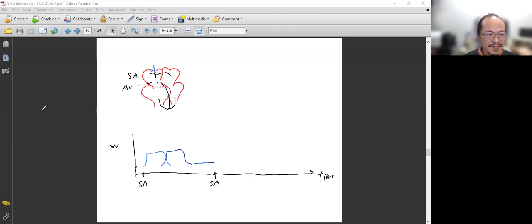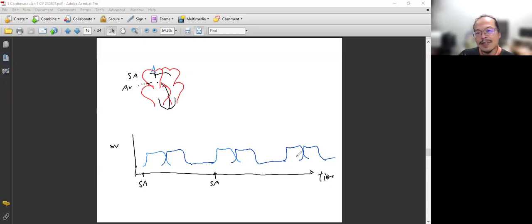Then you have the action potential of the atrium followed by the action potential of the ventricle. And then resting. And then the same thing over again: atrium action potential, then ventricular action potential. So this thing is repeating.